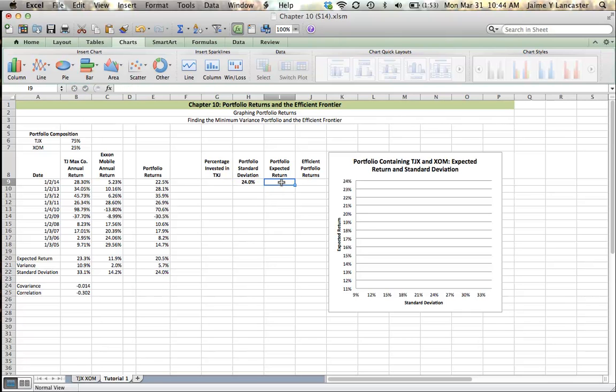And then I'm going to do expected return as my other cell. And I'm going to take a look at those and see how they vary as the percentage invested in TJ Maxx varies. So let's start with 0% and go up in 10% intervals, all the way to 100%.